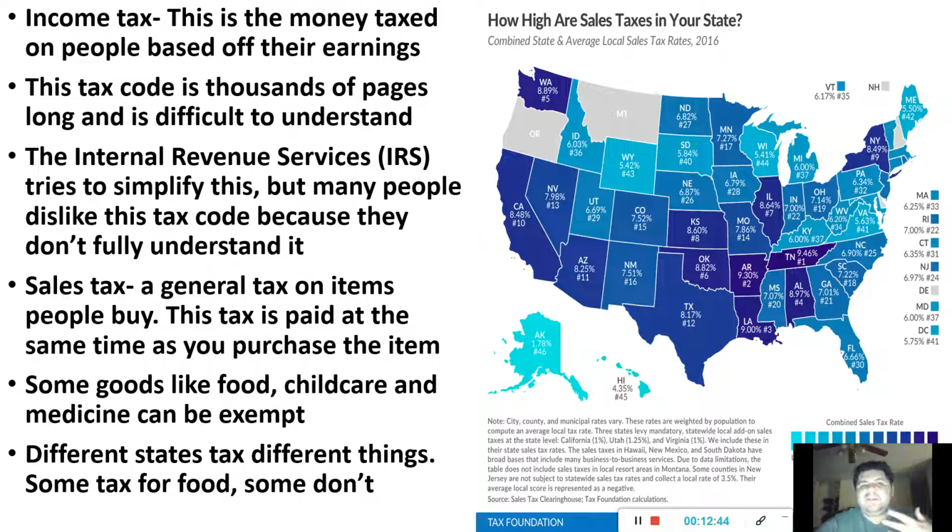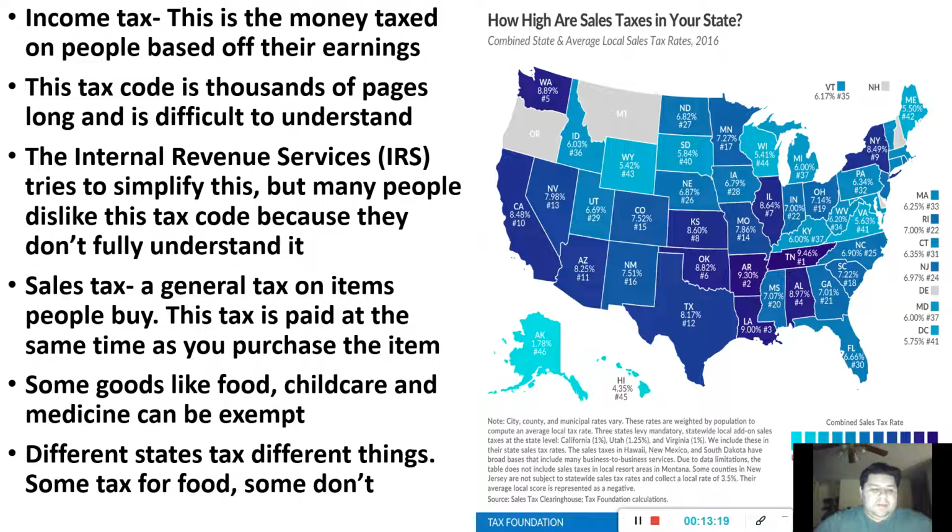Now, what kind of stuff is attached to the sales tax? Well, it depends on your state, because some goods like food, childcare, medicines, they don't put a tax on that. Some places say no, if you're buying food, you shouldn't be taxed on that. But if you're buying deodorant, yeah. If you're buying batteries, sure. But if it's something for childcare or medicine, then they say no. Again, it varies and it depends on whatever state you're living in.